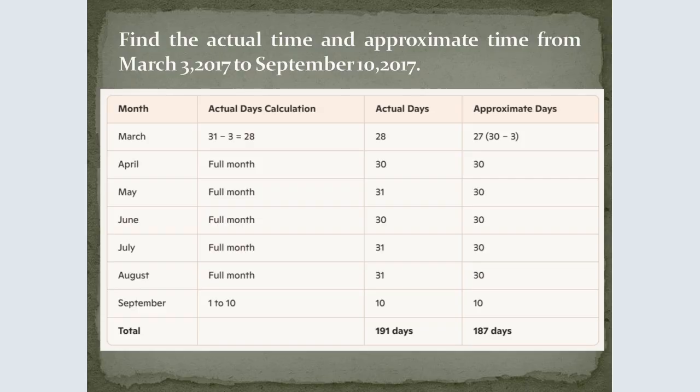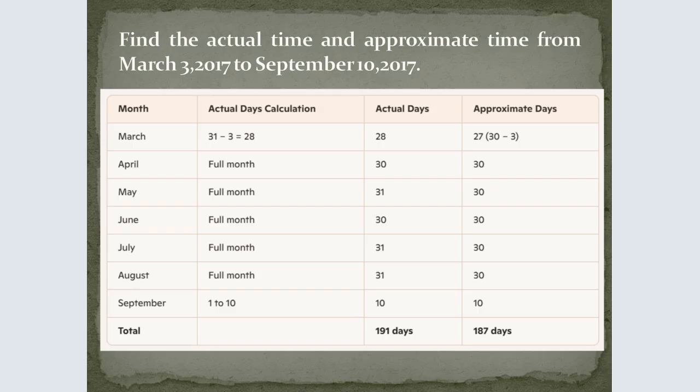So let's have an example. Find the actual time and approximate time from March 3, 2017 to September 10, 2017. From March, to compute for the actual days, in March we have 31 days, then minus 3, because it starts with March 3, so that will give us 28.